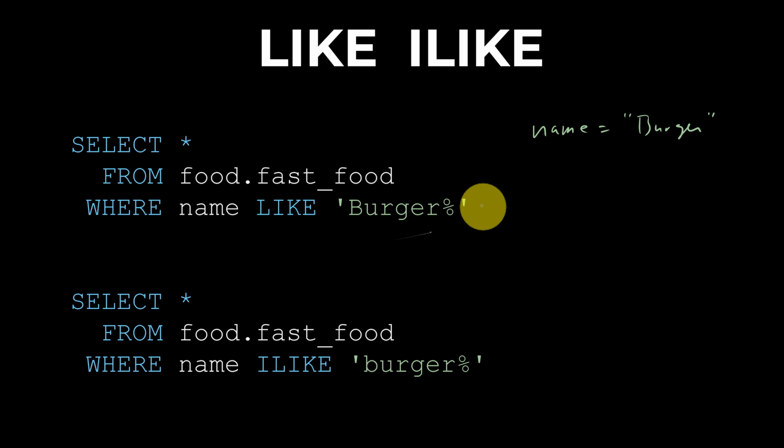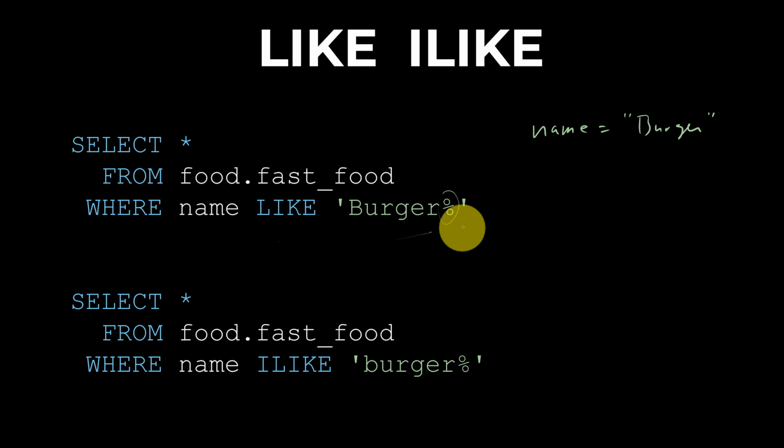As you can see, we have a little percentage sign here, and what this represents is any characters or sets of characters. We call this the wildcard. What it's essentially saying is I want to find, from the table fast food, all the rows where the name starts with burger and has any other characters later.